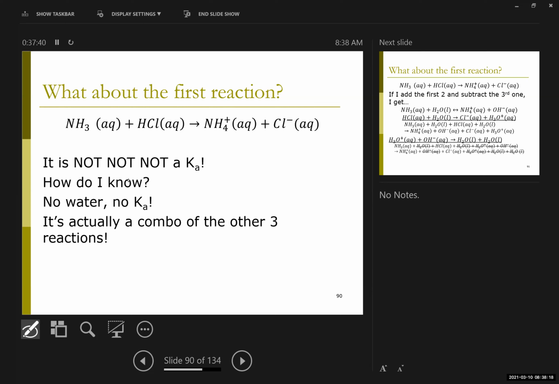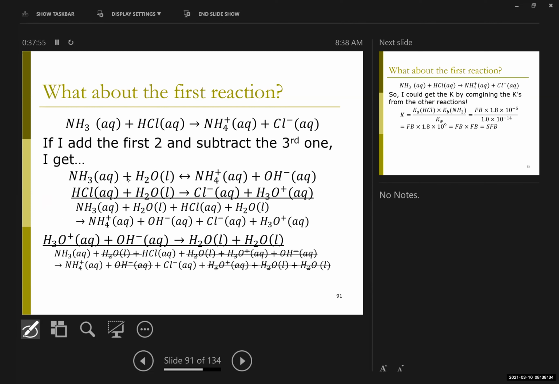Fortunately, however, this generic acid and base reaction is really a combination of 3 other reactions that we know. If I take the Kb of ammonia and add to it the Ka of HCl, what I end up with is the reaction I have, except there's water mixed in.